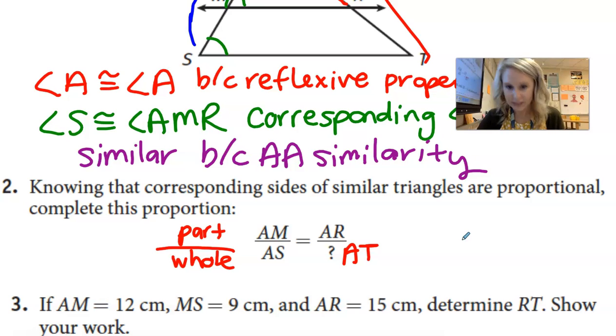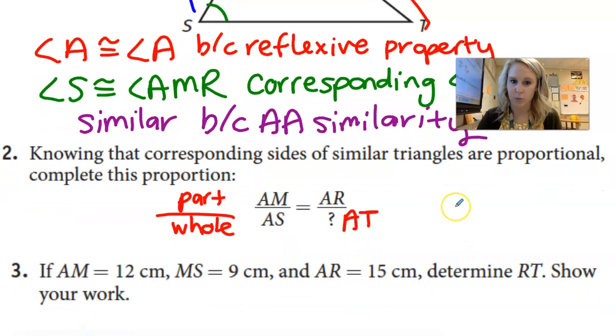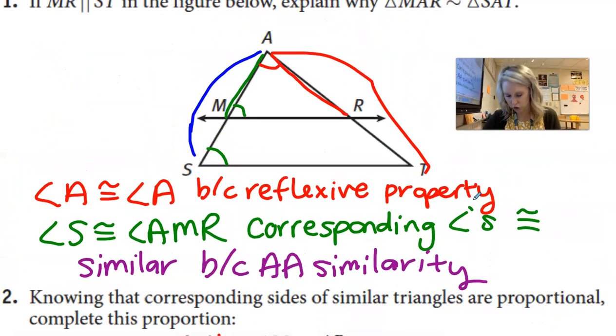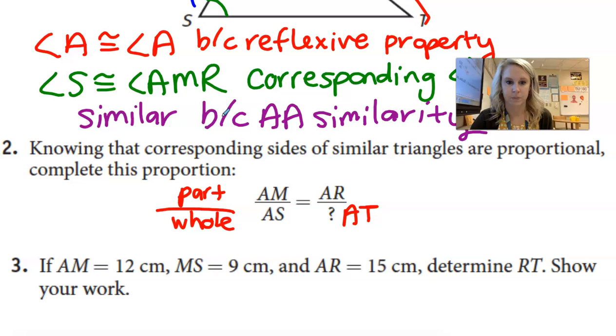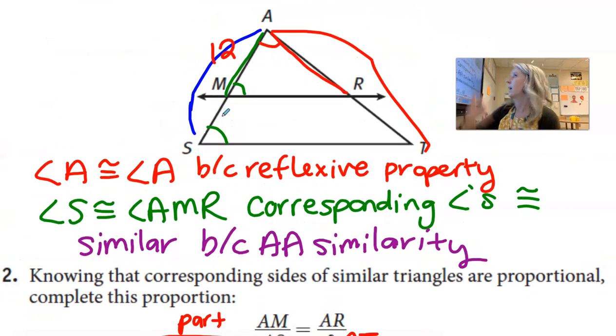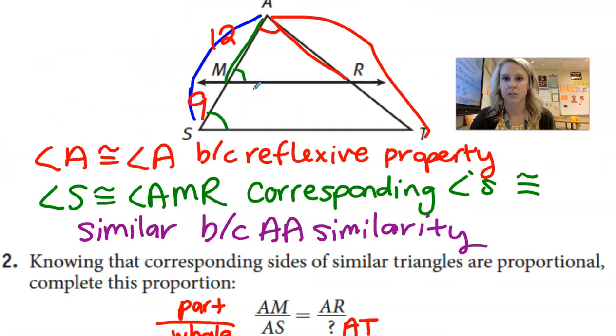Now, knowing that information, let's solve a problem. So it says AM is 12, MS is 9, and AR is 15.